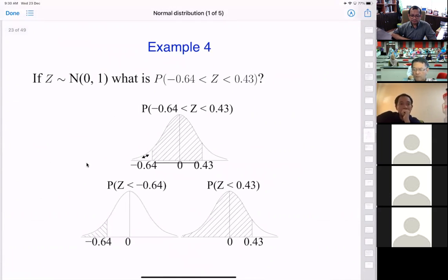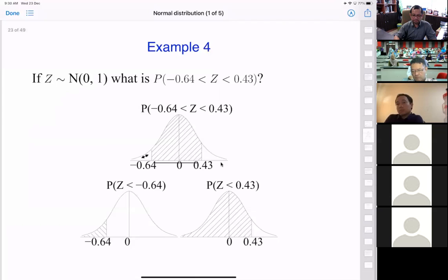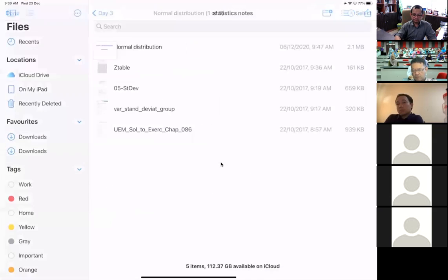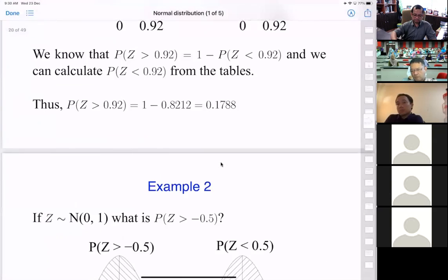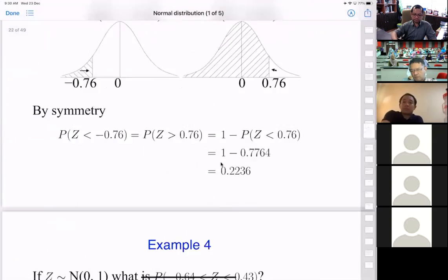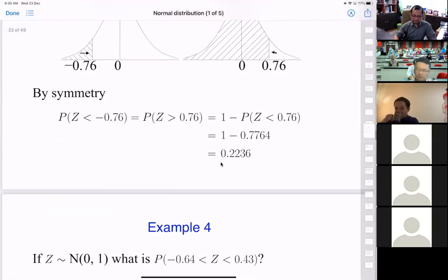And how about this? The approach is still the same. First, we find out if it is more than 0.64. We flip this one, and then we use the same approach like we did in example 3.